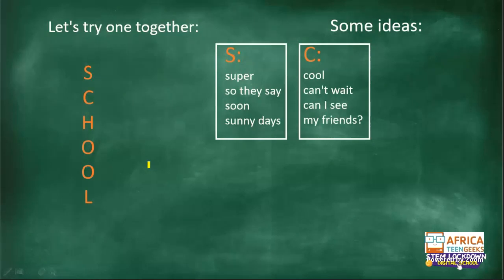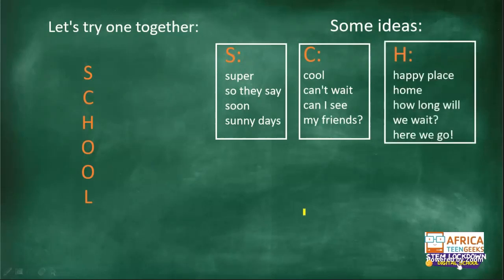Okay, you can stop the page. I'm going to show you what I have. Happy place, home. How long will we wait? Here we go. Okay, now I'm going, and hope, okay? I'll add hope as well. Now I'm going to read you the ones that you gave, and if there's a word that you like, you can quickly write it down. There's a long list, so be ready.